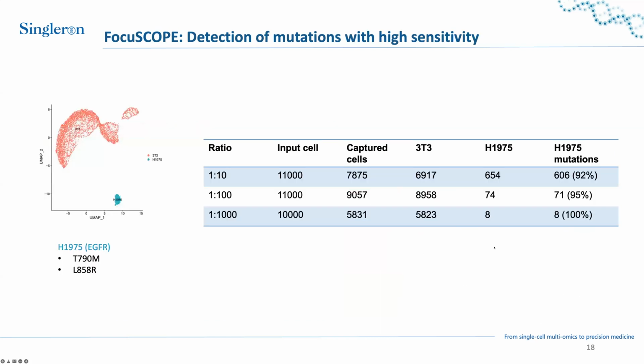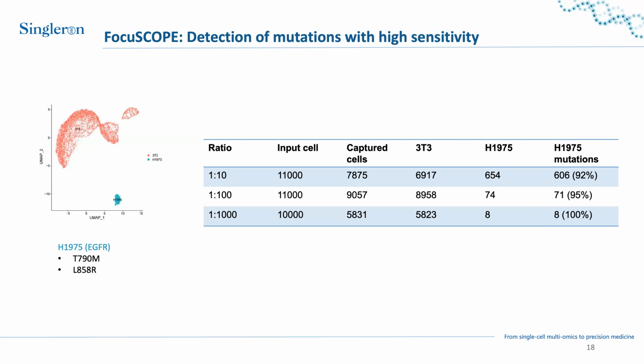So here you already get a picture that the capture is very, very sensitive. So even if in the whole sample you only have 8 cells with the desired mutation, we are able to capture it, in this case even with 100%.